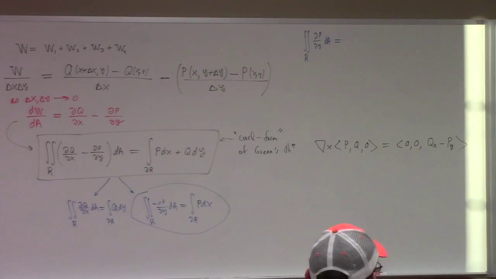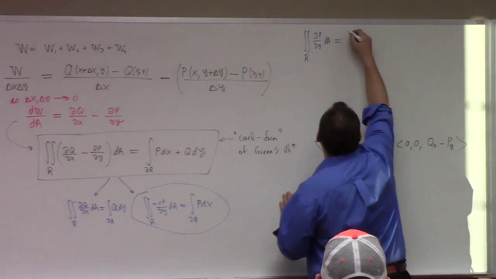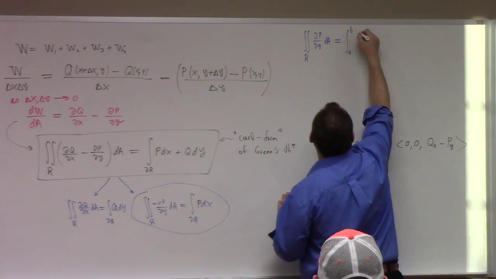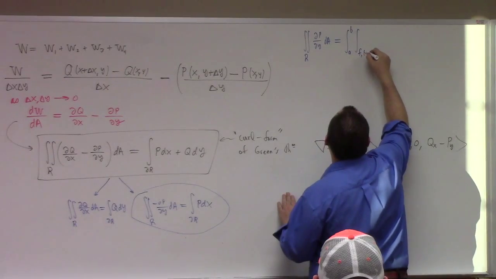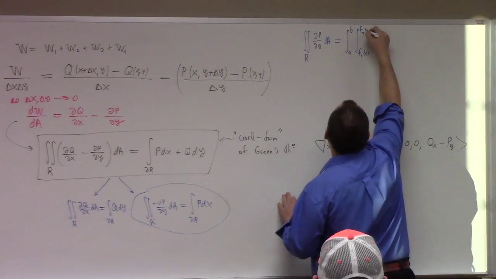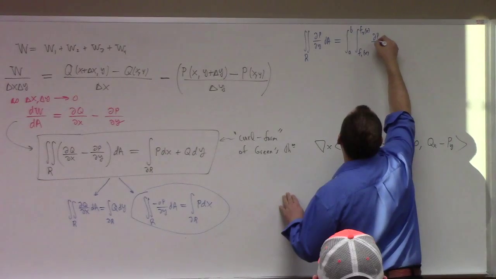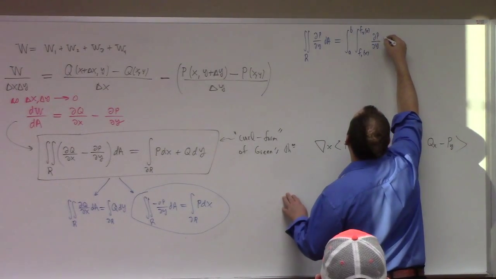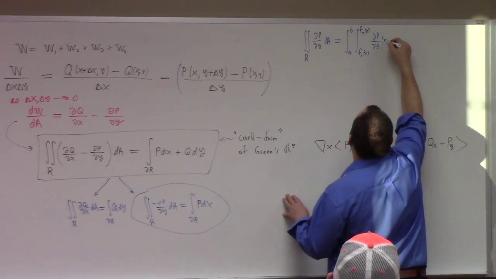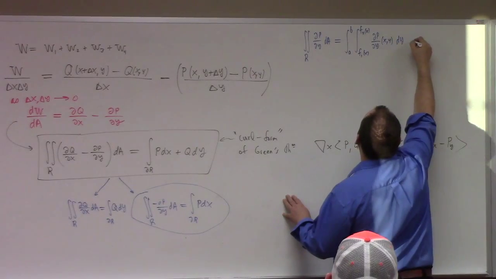So I do integration from a to b, integration from f1 of x to f2 of x, and then I do partial P partial y of x comma y, dy, dx.